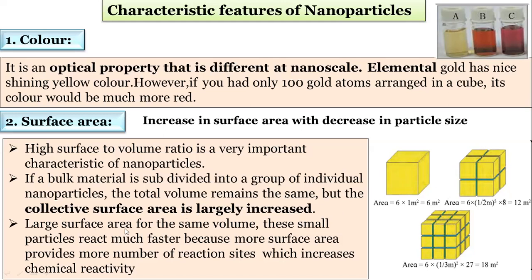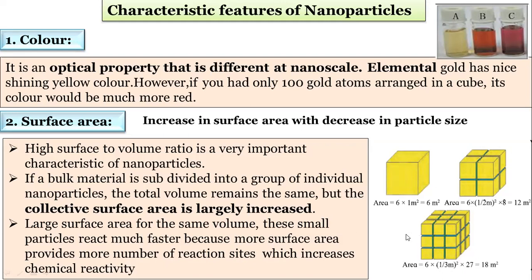With a larger surface area for the same volume, these small particles react much faster. At the nanoscale, as the particle size is very small, the reactivity is very fast, because more surface area provides more reaction sites. That's why the chemical reactivity increases.